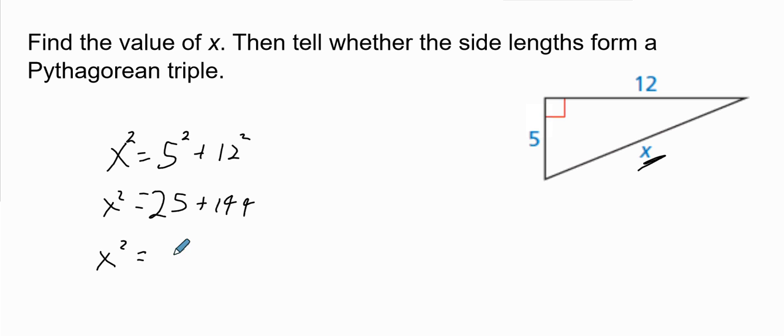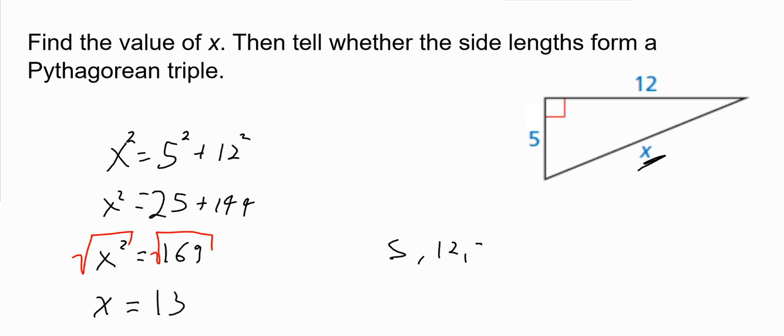X squared equals 169. So if I take the square root of both sides, because I have x squared, I'm going to get x equals the square root of 169, which is 13. And we know that 5, 12, and 13 are Pythagorean triples.